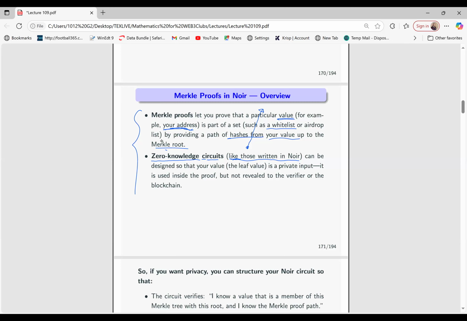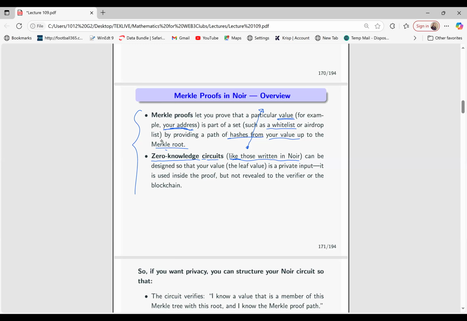The leaf is a private input. So that is writing a circuit.